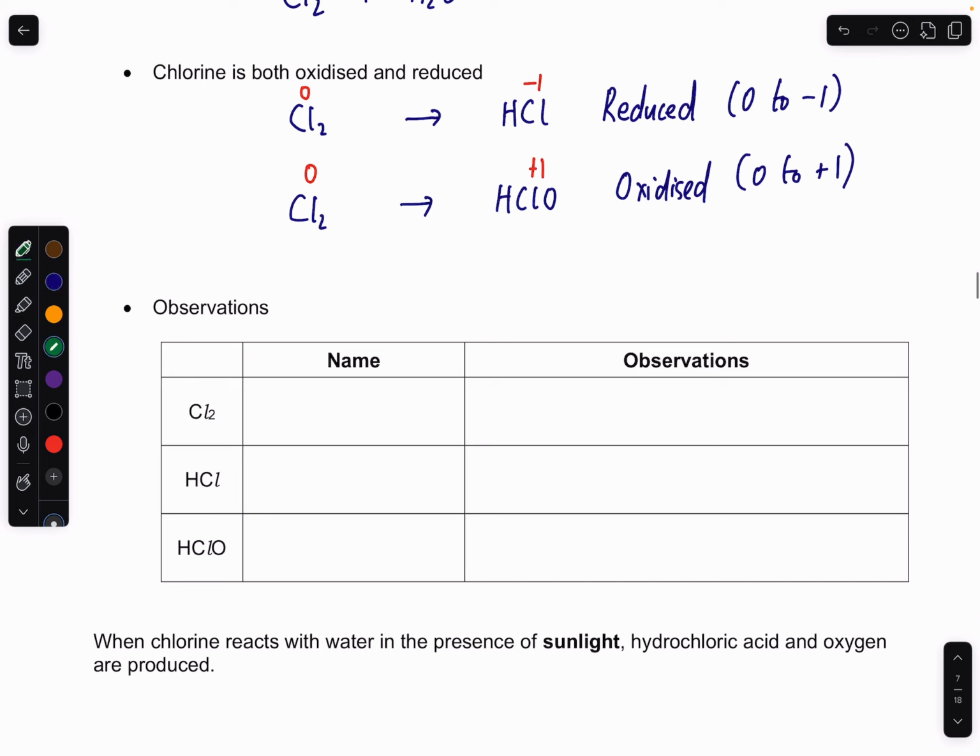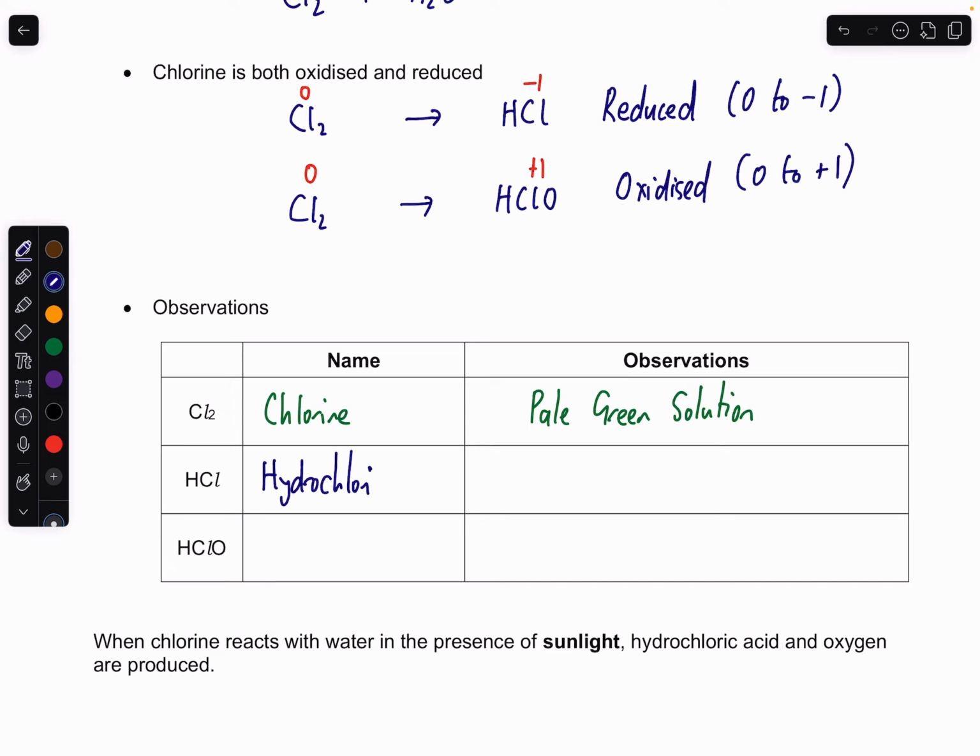Okay, so what would we see in this reaction? Well, we already know that chlorine is a pale green solution. So we'd start with that. We'd form hydrochloric acid, and we wouldn't be able to see that because it would form a colourless solution.